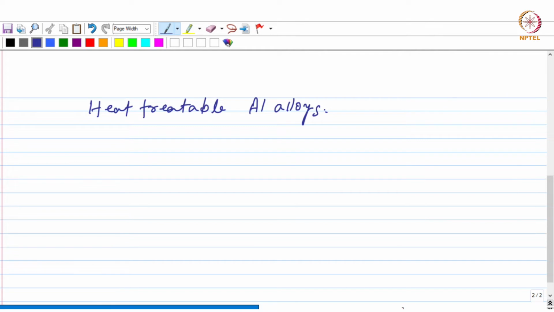Right? And we have seen that the 6000 series, that is aluminum, magnesium, silicon. The 2000 series, that is aluminum, copper.